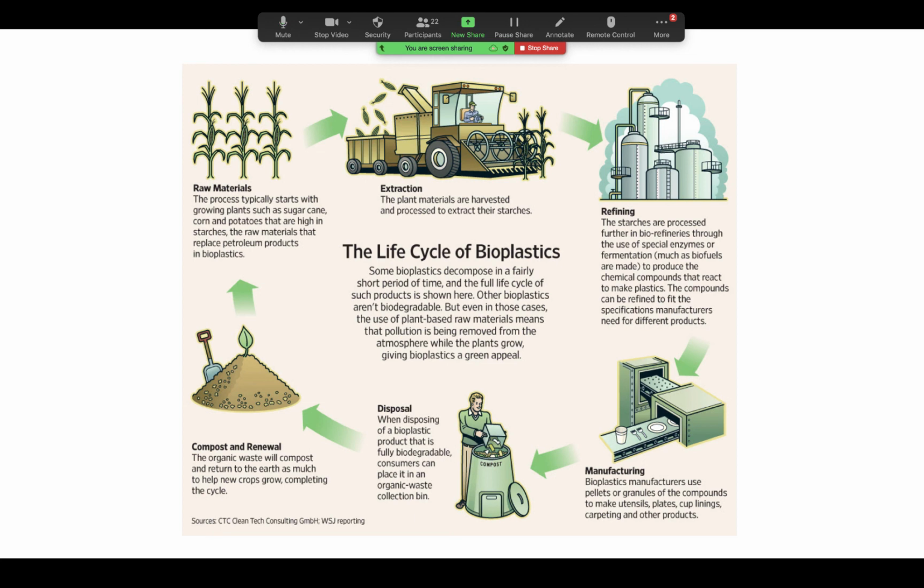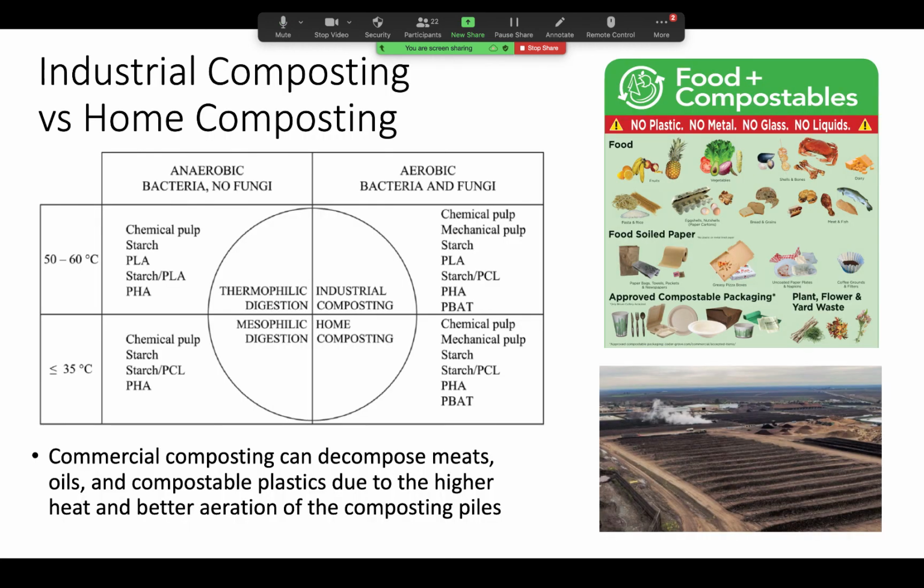Now, if you see here, we do talk about the anaerobic, the bacteria, no fungus, and the aerobic is bacteria and fungi. So I do believe they are an important part of the biodegradation process, as they are in the natural environment.